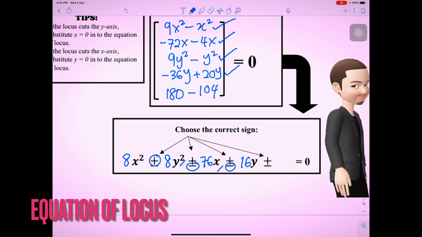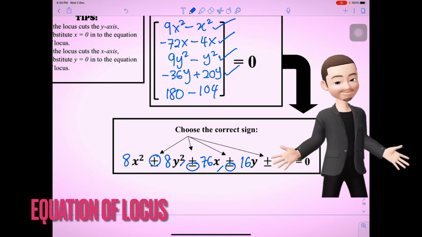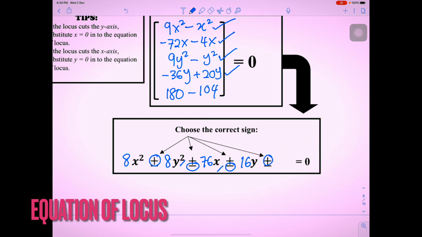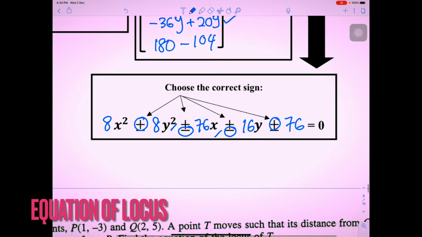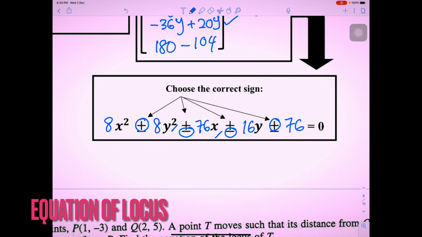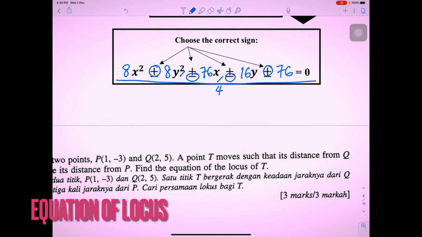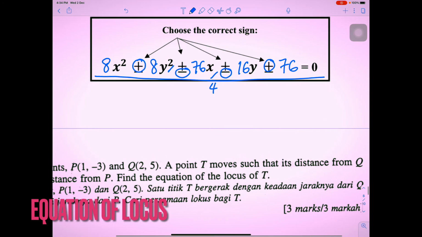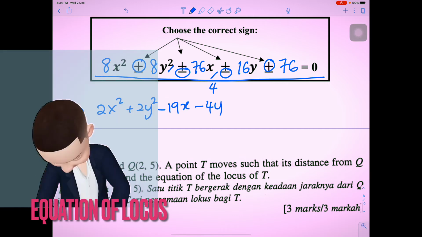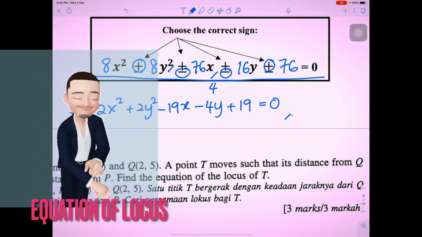180 minus 104 equals positive 76, and then divide the whole equation by 4 and simplify to the simplest form. So now the correct answer becomes 2x squared plus 2y squared minus 19x minus 4y plus 19 equals 0.